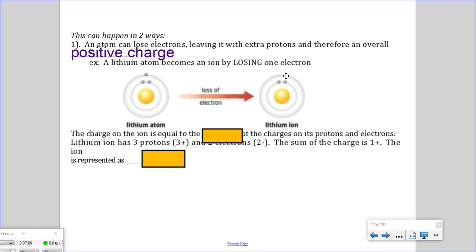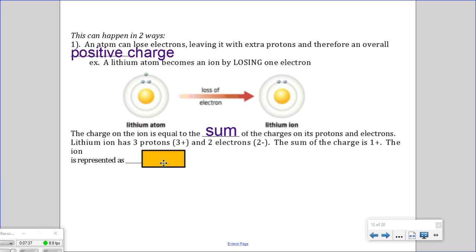And when it loses that 1 electron, it now has more protons than electrons. So the charge on the ion is equal to the sum of the charges on its protons and electrons, as we talked about. Lithium has 3 protons, a +3 charge, and 2 electrons, which have a total -2 charge. The sum of those charges is +1.